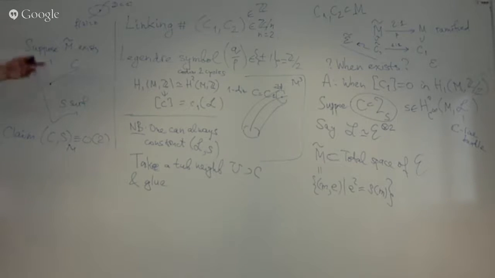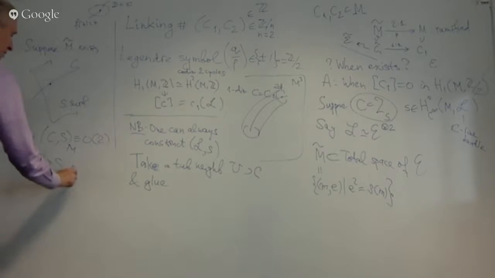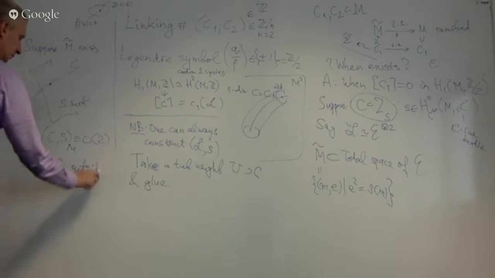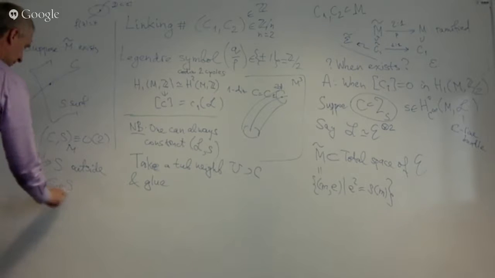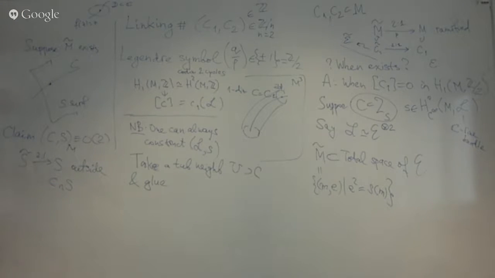It would be a 2-fold covering outside of C. Then the map from S tilde to S would be 2 to 1 outside C intersected with S. And then one can see that the intersection number, you can move it, so it will contribute twice at every point, because it is stable. So that's the reason.